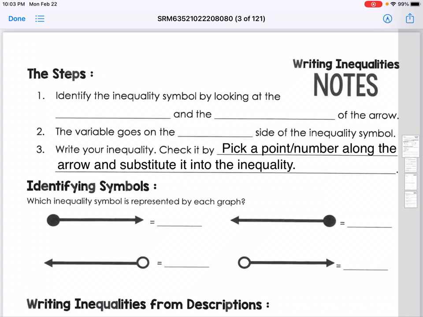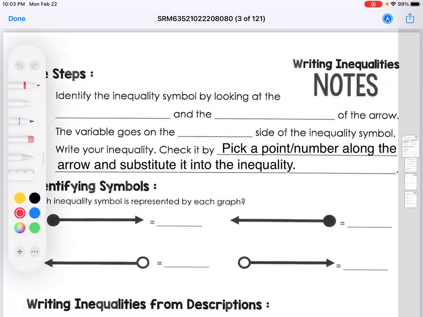Okay, so some notes for writing inequalities. First we need to identify the inequality symbol by looking at the circle and the direction of the arrow.